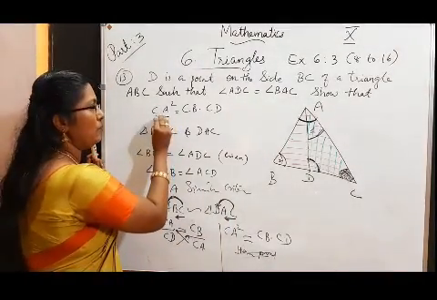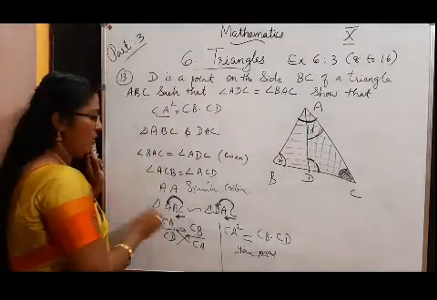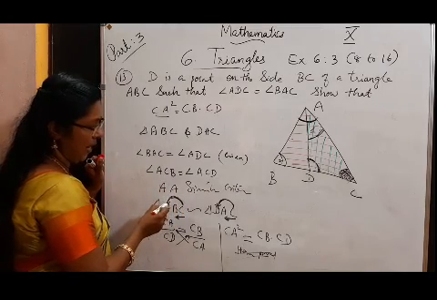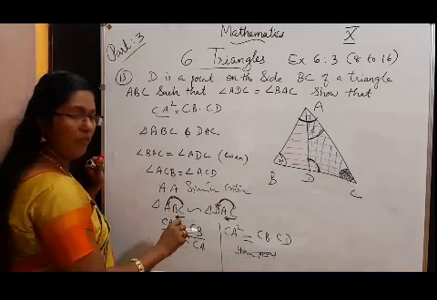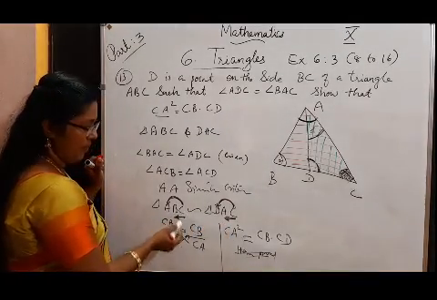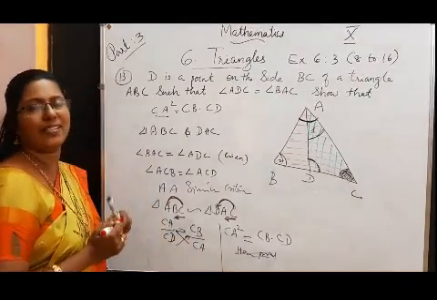Then we want to prove CA square equals CB into CD. So CA by CD, then again one more CA, here CB by CA. By transposing you get the answer.